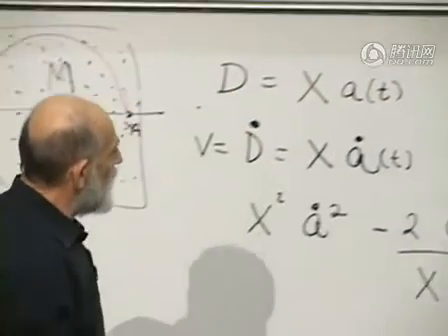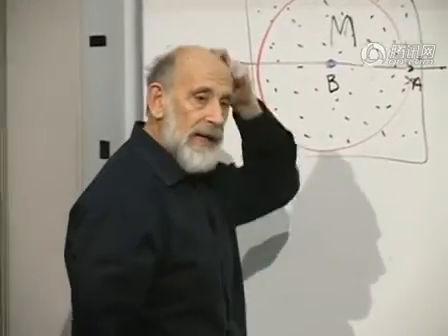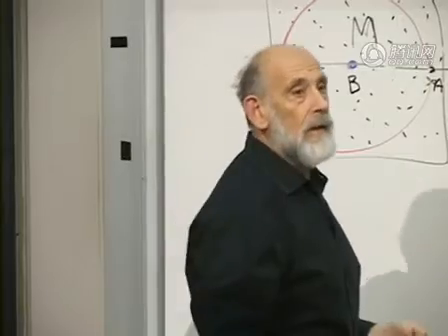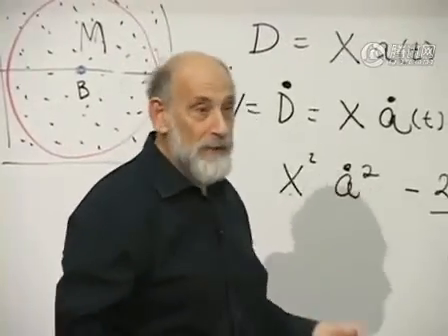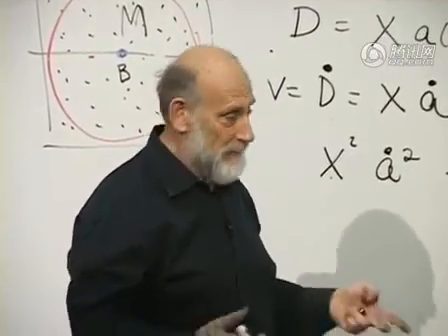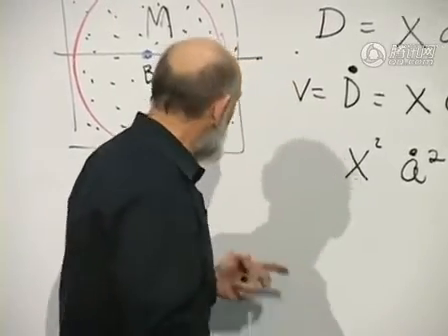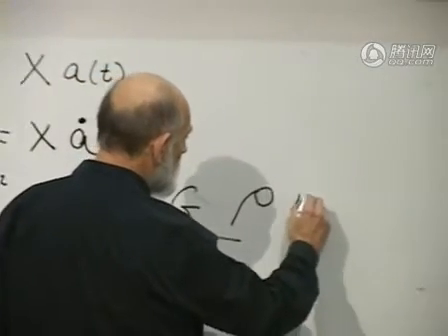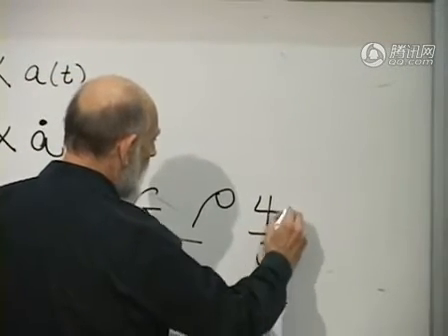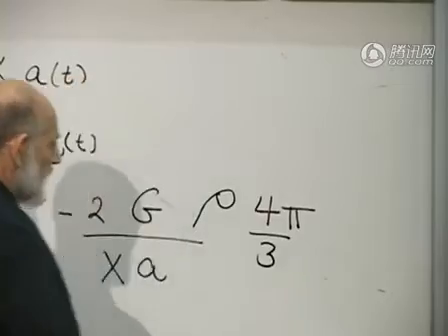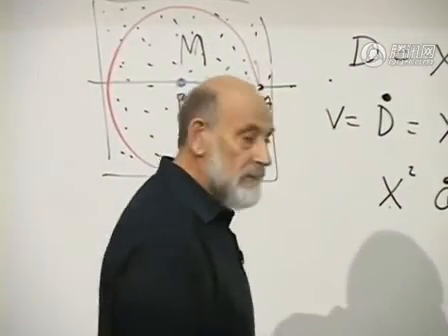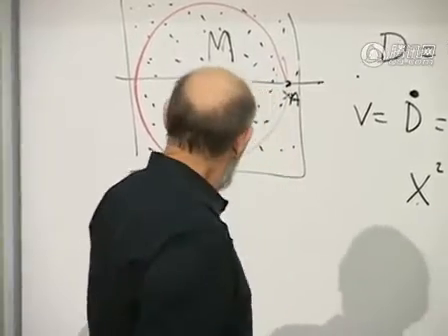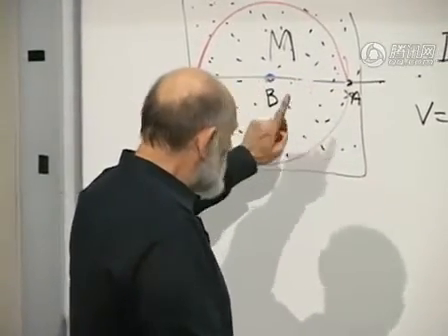And what do we multiply it by in order to get the mass within the sphere? Right, the volume of the sphere. You jumped ahead of me, right. The volume of the sphere. And the volume of a sphere is 4/3 pi x cubed a cubed.